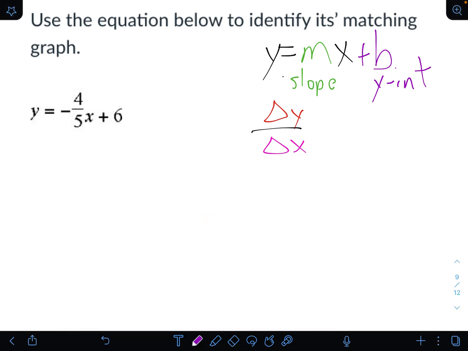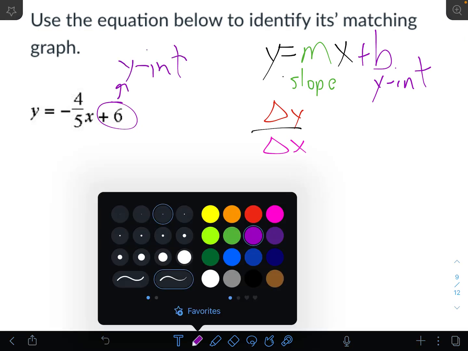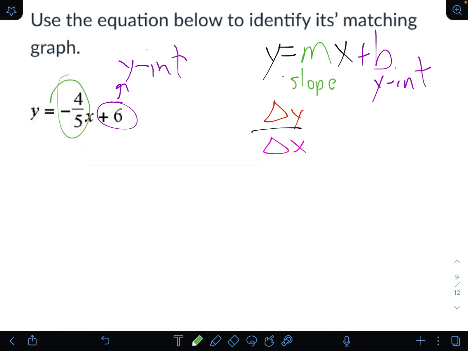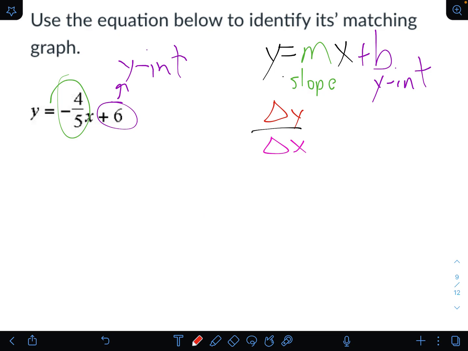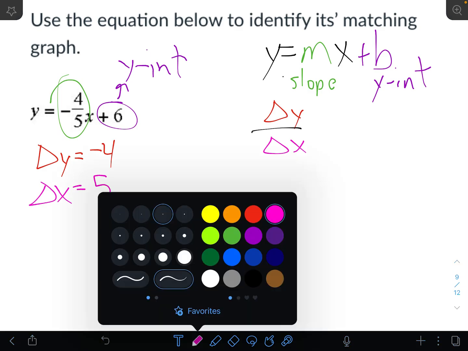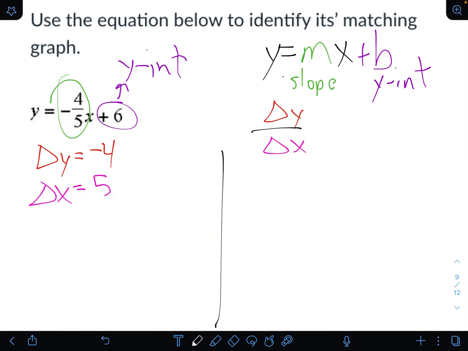So the y-intercept of here is a positive 6. And then the slope is -4/5. And remember, slope is that change in y over change of x. So our change in y is -4. And our change of x is 5. Okay, that's all we need to graph.